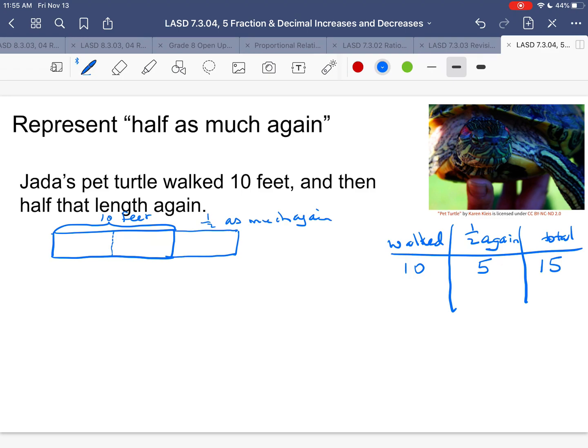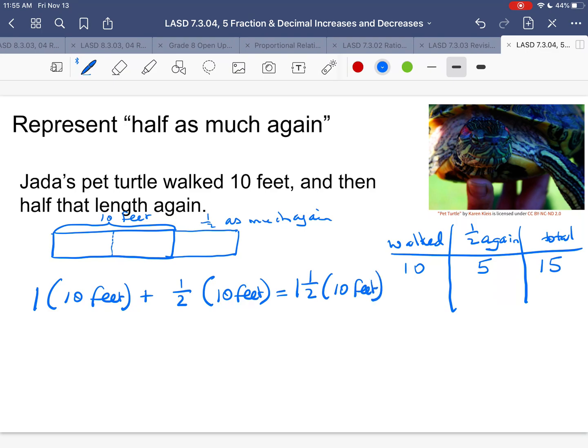And with a fraction, we would say we walked once, we'd walk 10 feet, and then half as much again, so half of 10 feet. And we can use the distributive property here. 1 times 10 feet and a half times 10 feet is 1.5 times 10 feet. And we can also write that as an improper fraction, 3/2 times 10 feet.